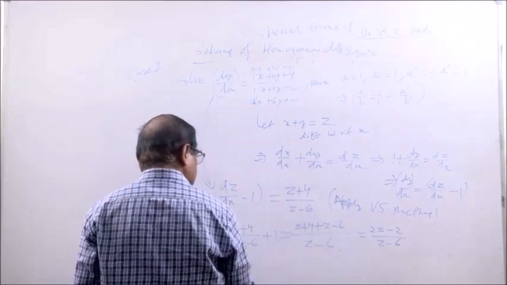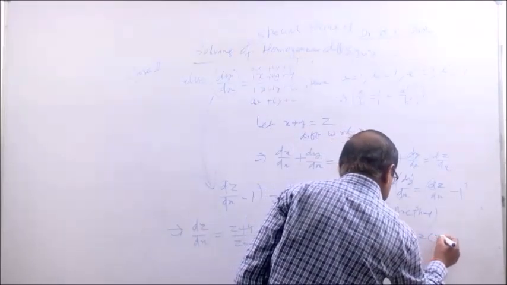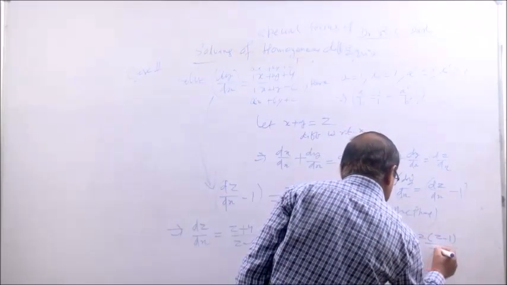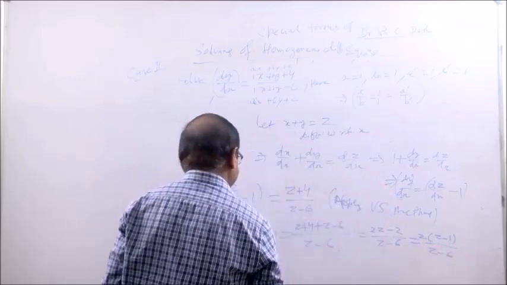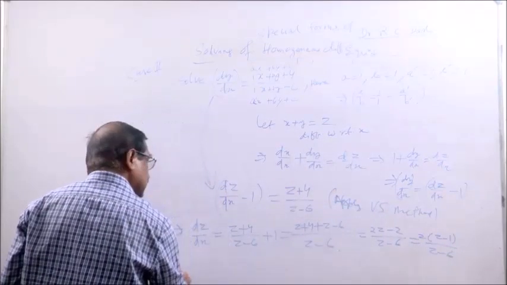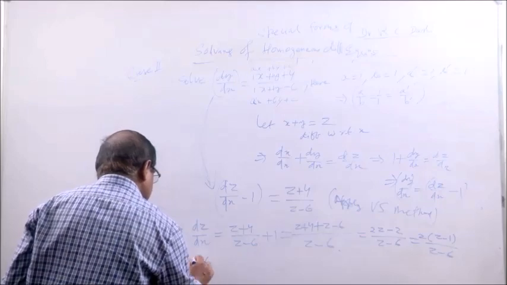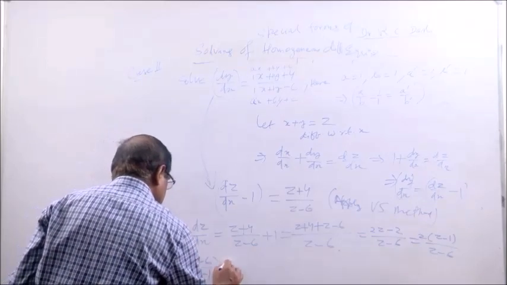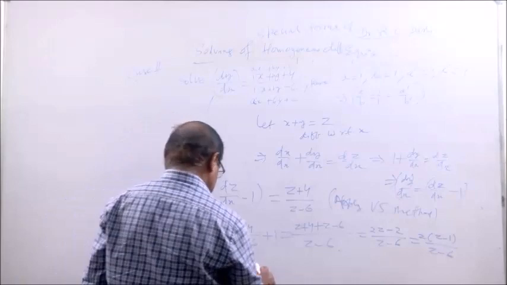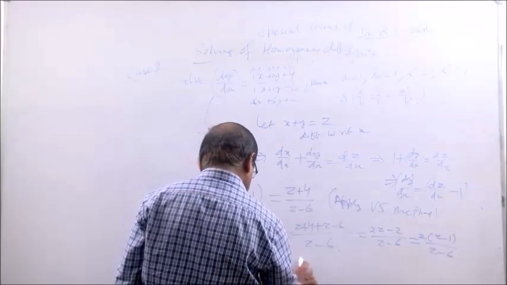So you can take 2 common here, that is 2(z minus 1)/(z minus 6). So we can take this (z minus 6)/(z minus 1) dz is equal to 2 dx.